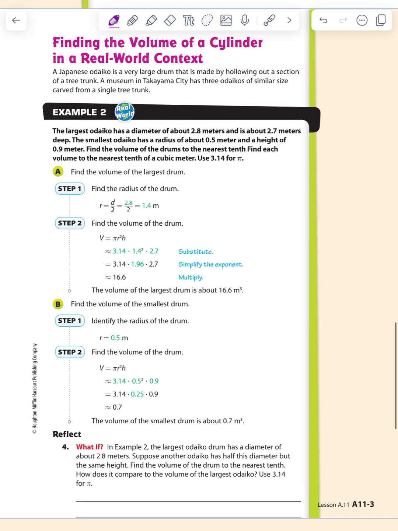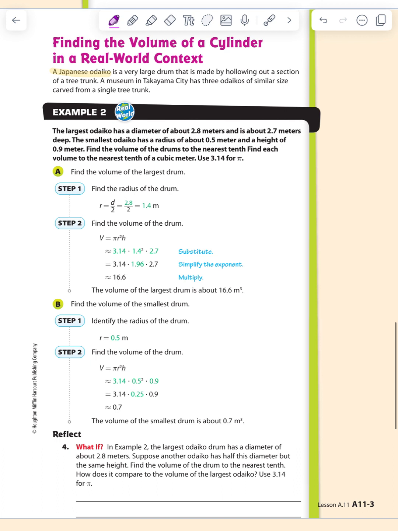All right, and we're gonna end with a word problem today. A little context on your word problem. A Japanese odaiko is a very large drum that is made by hollowing out a section of a tree trunk. So it's a drum made out of a tree. A museum in Takayama City has 3 odaikos of similar size carved from a similar tree trunk.